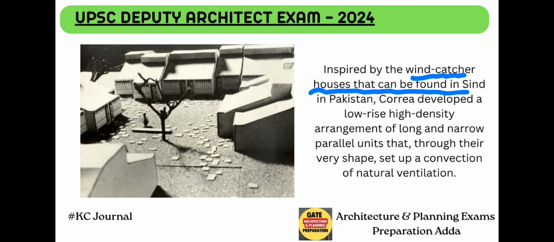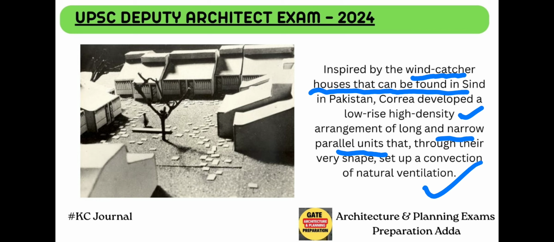The Sindh area in Pakistan is also a hot dry area, and this was built in Gujarat, so the climate is similar. That's why he got inspired by the vernacular architecture of Sindh. What Gujarat Housing Board asked for was walk-up apartments, but Mr. Correa developed a low-rise high-density arrangement of long and narrow parallel units which, through their very shape, set up a convection of natural ventilation.